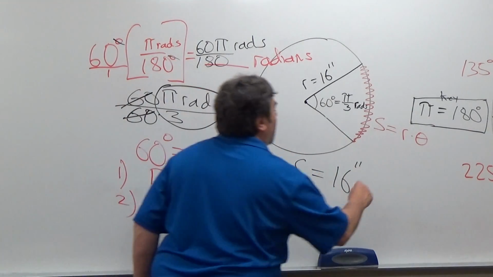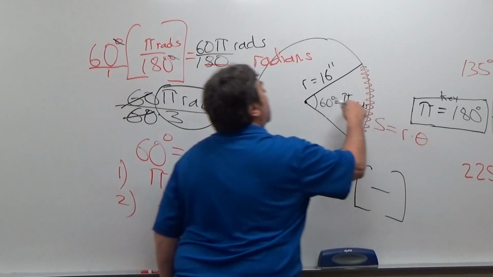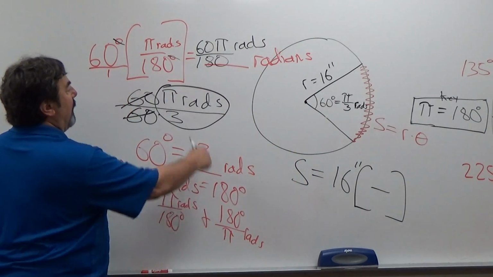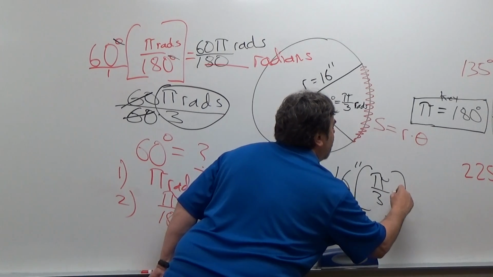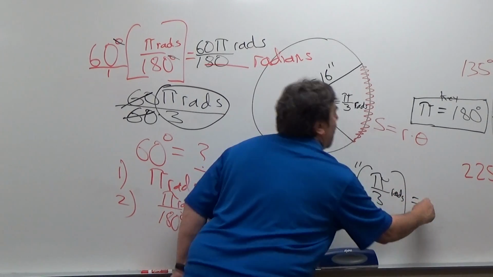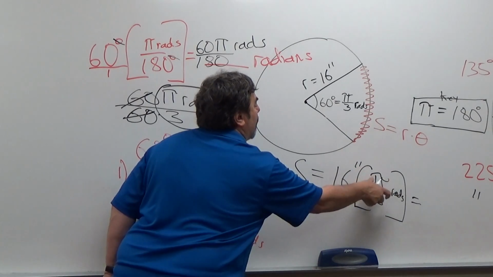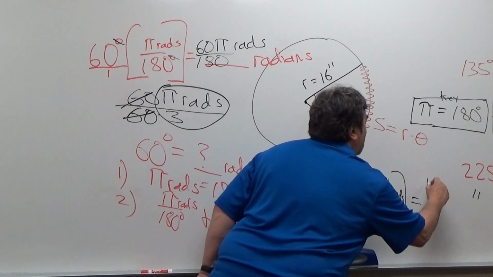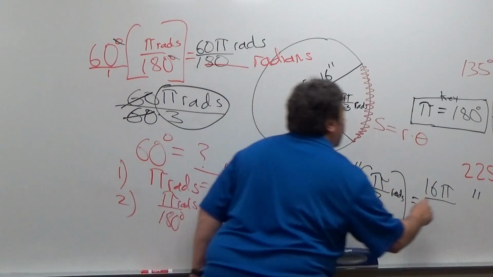We multiply times our angle, but our central angle had to first be converted from degrees to radians, and we ended up with pi over 3 radians. So now I'm going to multiply pi over 3 times 16, and multiplying straight across the top, I get 16 times pi over 3.